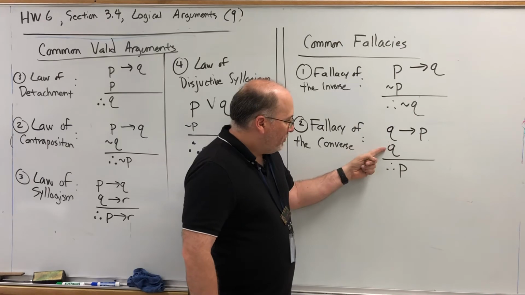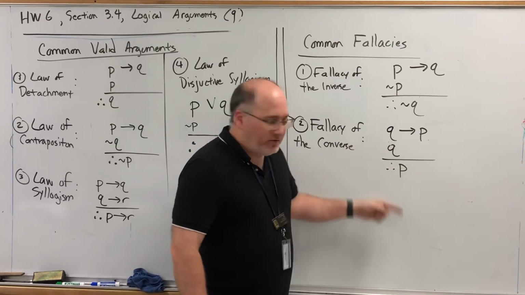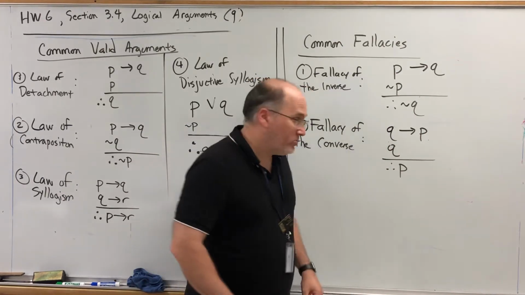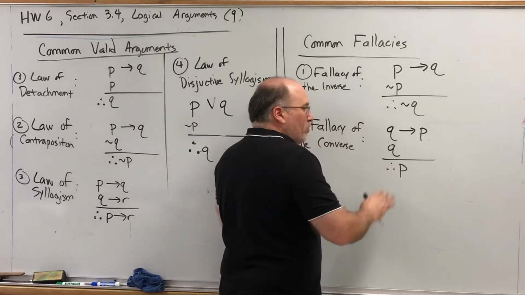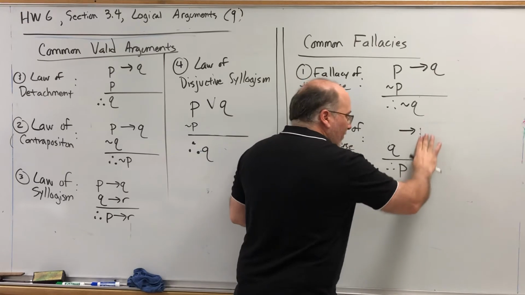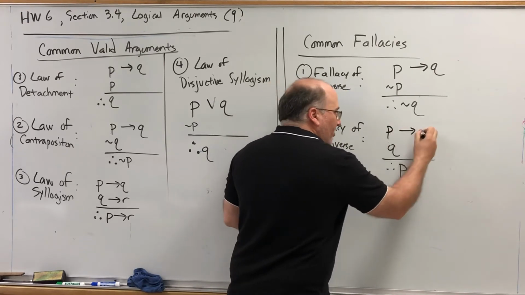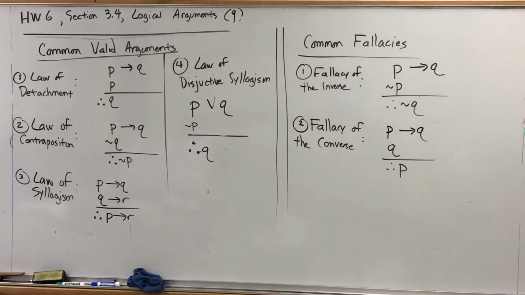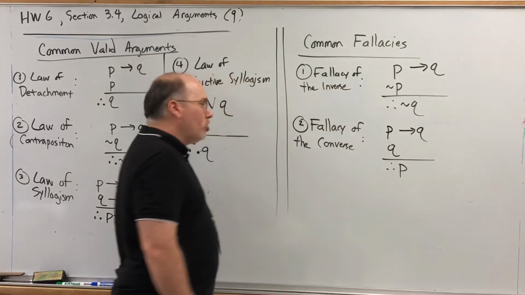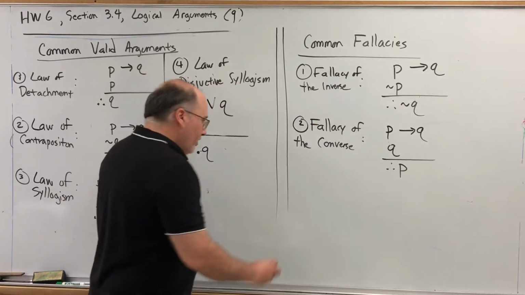Conditional, antecedent, consequent. The letters are switched, but the structure is the same. So if you could form the converse, then yes, this would be a valid conclusion. However, the converse is not logically equivalent to the conditional, so you can't just switch the antecedent and the consequent, and so you can't just draw this conclusion. Very common, incorrect conclusion people draw.